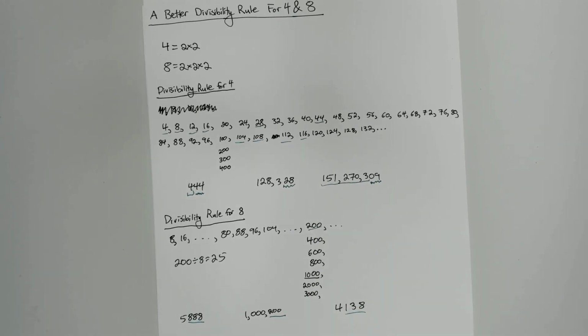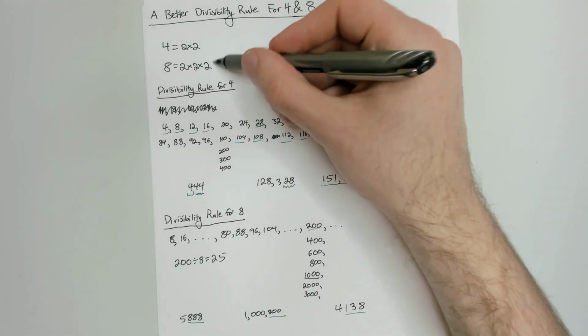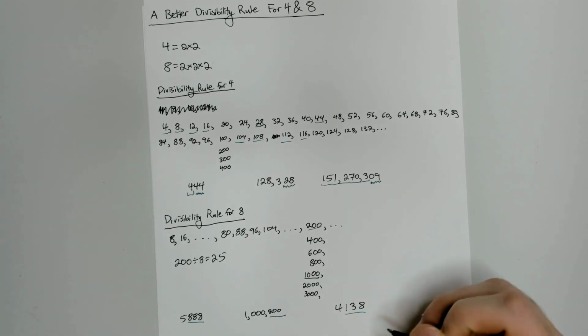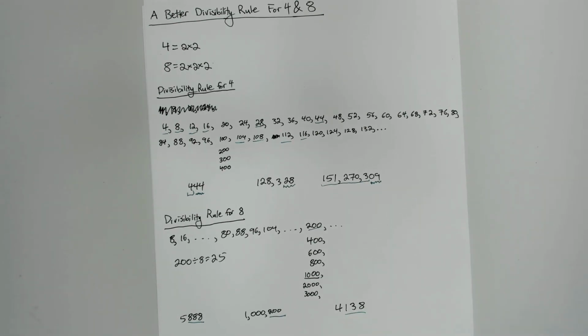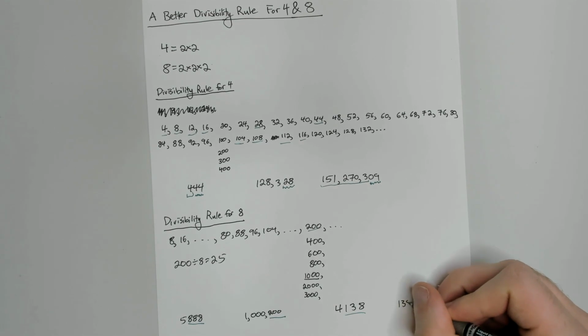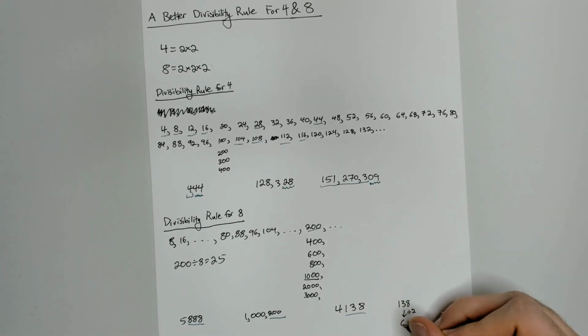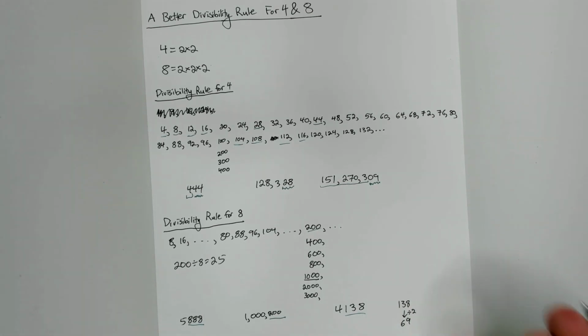So to check if 138 is divisible by 8, the best way to do this may actually still be using the divisibility rule we talked about in the first place, where we had to take the number and divide it by 2 three different times and see if it was divisible by 8. So we take 138, divide that by 2, we get 69. 69 is odd, can't be divided by 2. So we already see that this number will not be divisible by 8 since this number cannot be divided by 2 three different times. All right, so this number isn't divisible.